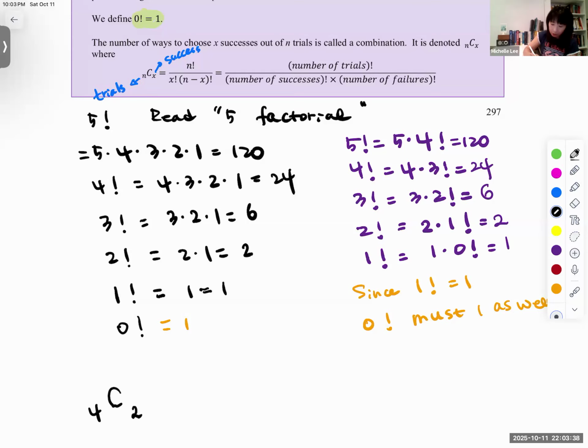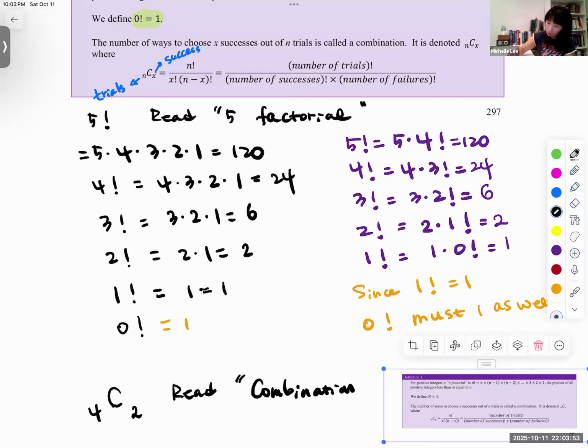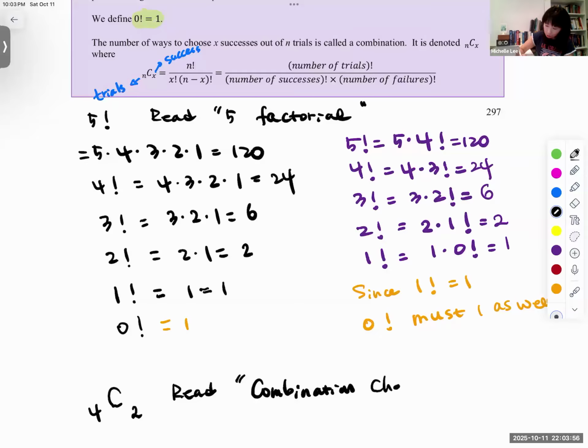So combination, choose 2 out of 4 trials. Or we can say the sample size.